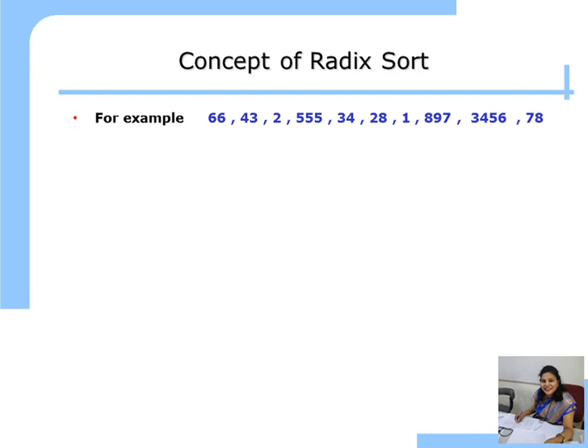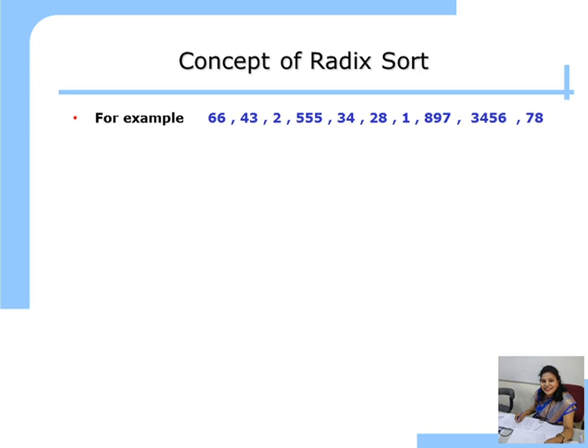Because though both contacts start with A, they have different next characters. Arush has the next character also A, and Ashish has the next character S. So, this is how radix sort works. In radix sort, if your data is alphabetic, then you require 26 buckets, and if your data is numeric, then you require 10 buckets.